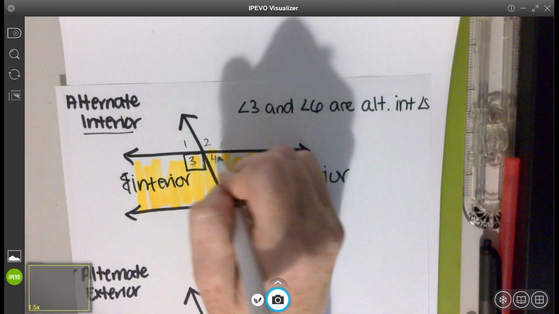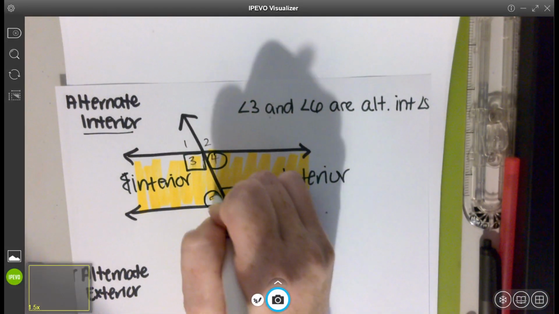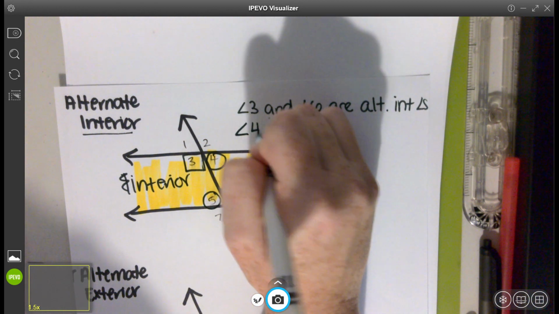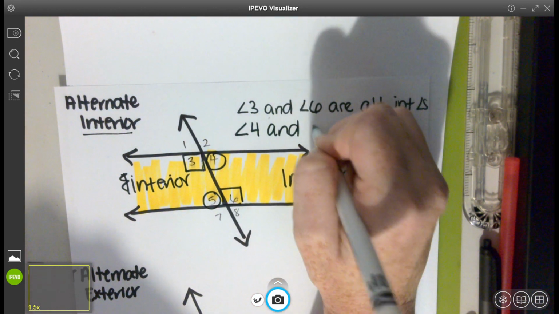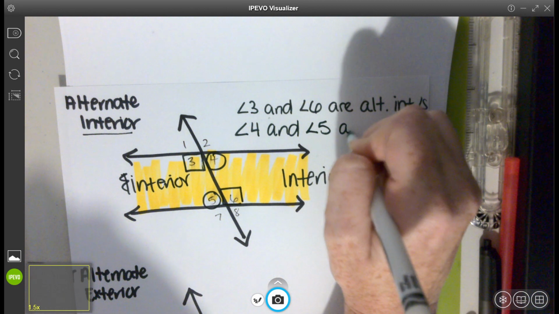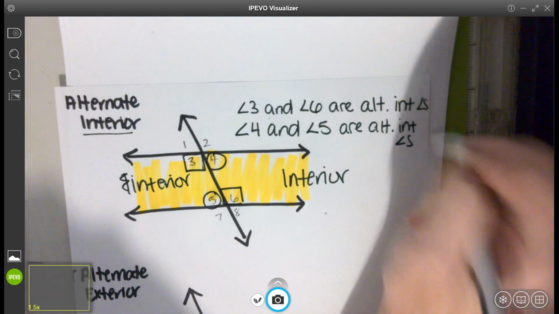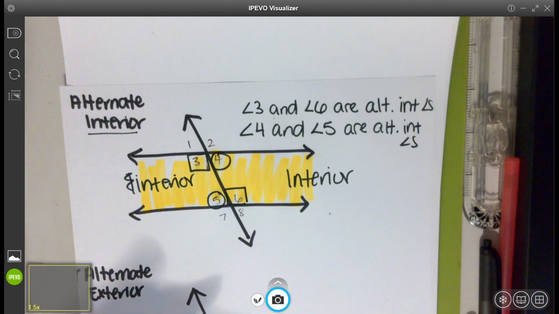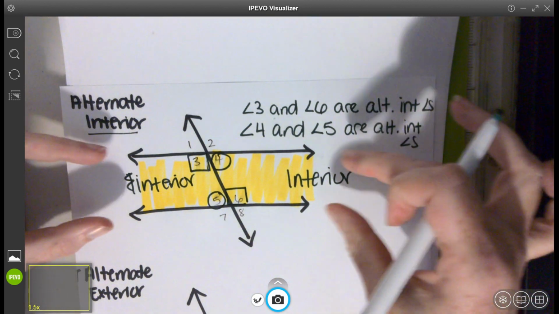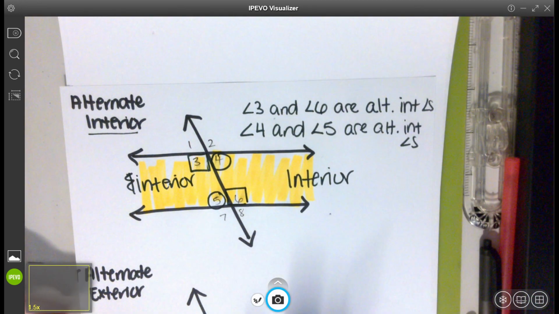Another pair we have is angle 4 and angle 5. They're also alternate interior angles. I can't say any other angles are alternate interior because they must be in between the two lines. So those are our only two pairs.